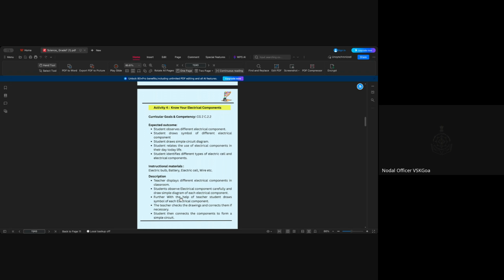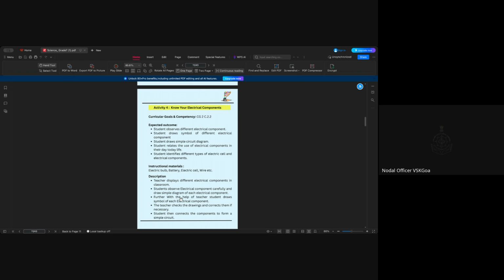Whether as it is, we can draw it. Such a question you can pose, and then you can take them to the concept of symbols and let students first attempt to draw symbols in their own way. Related to the cell, battery, maybe wire or a simple bulb, or a switch. Let them try to do it in their own way.